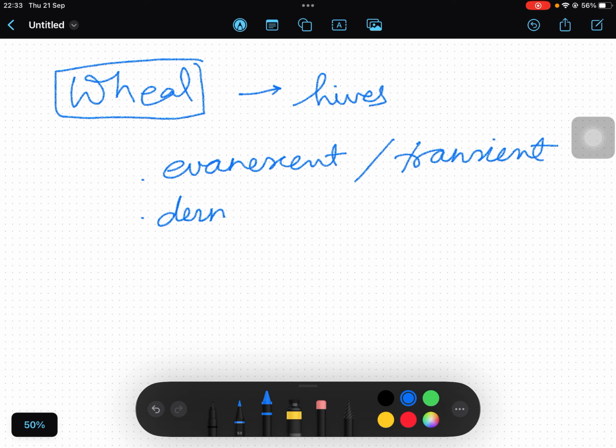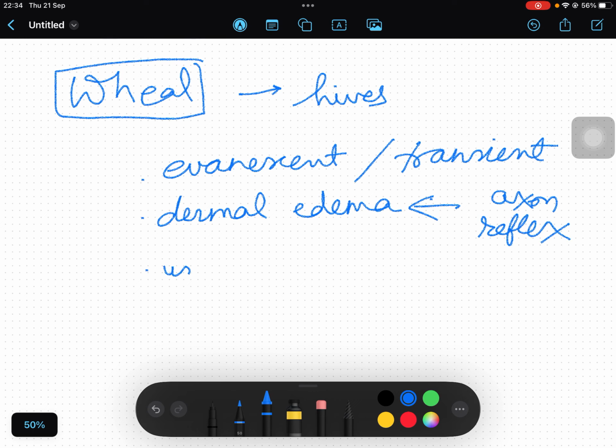They are due to dermal edema, which is a result of an axon reflex, usually histamine mediated. Usually, not always, but usually histamine mediated.